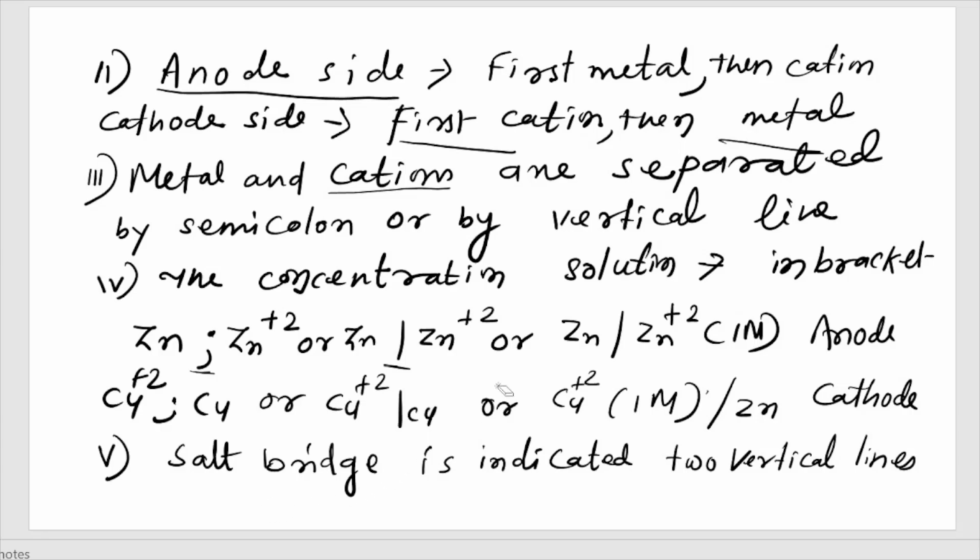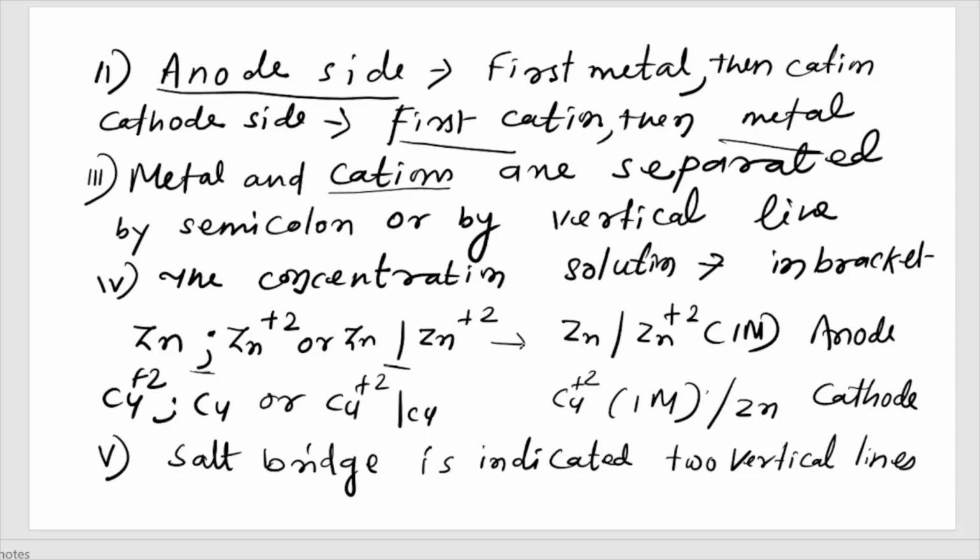You represent it as molarity here. Then you use a semicolon or oblique. In the last, you represent Zn, vertical line, and that is good.